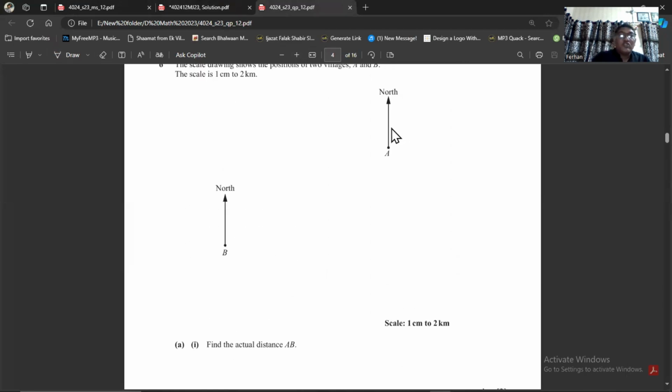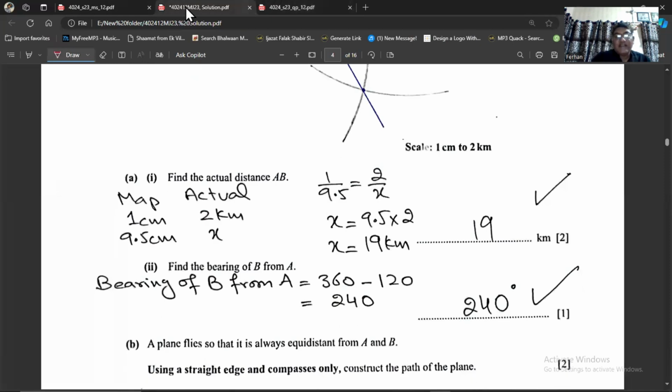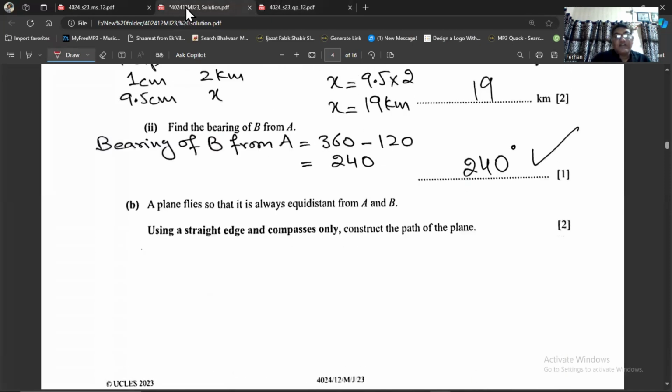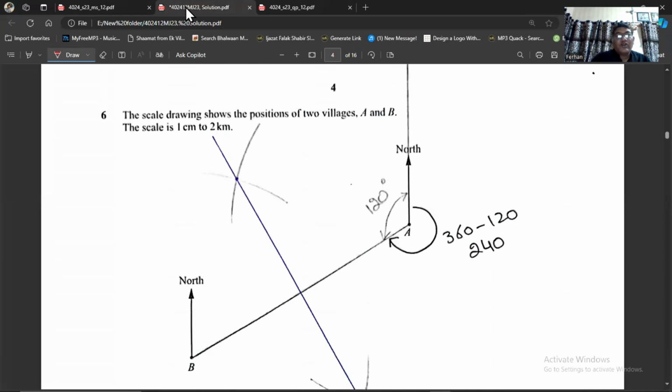So from this north, I have to go clockwise to this AB line. So I have to measure that angle. I've joined A and B with each other, so I want to measure this angle. This is the bearing of B from A. Bearing is the angle from A, meaning on A you have to draw north, and from that north you have to go clockwise to the AB line.